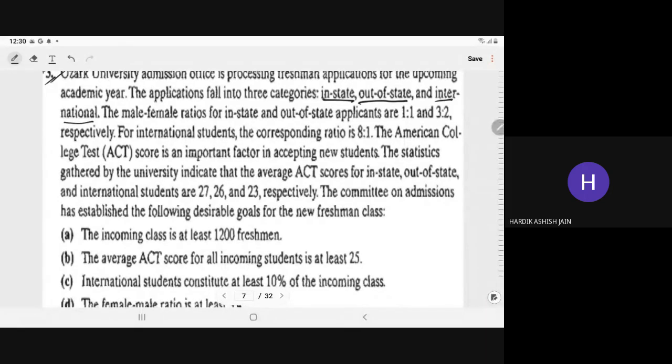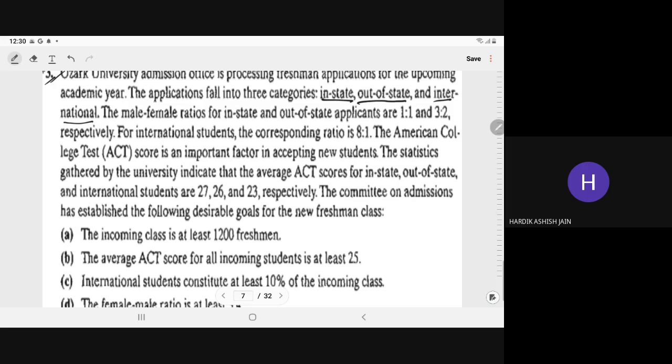The male female ratio for in state and out of state applicants are 1:1 and 3:2 respectively. For international students, the corresponding ratio is 8:1. So it is given to you, the male female ratio for the 3 types of students. The American College Test, there is one entrance test, ACT.